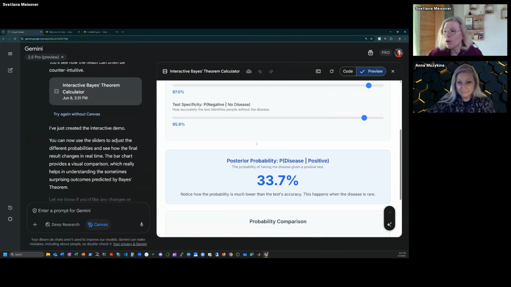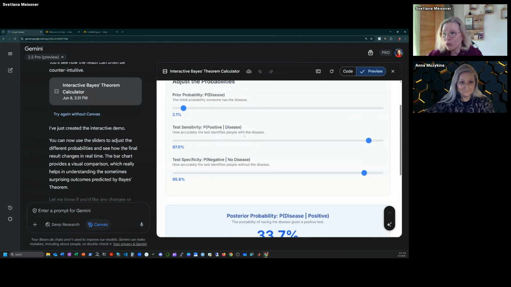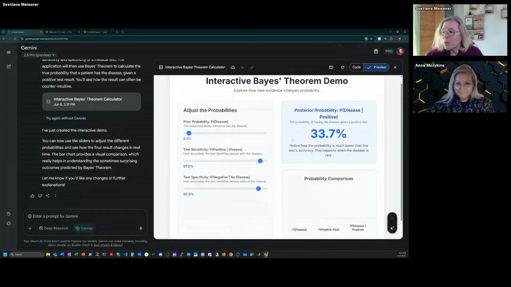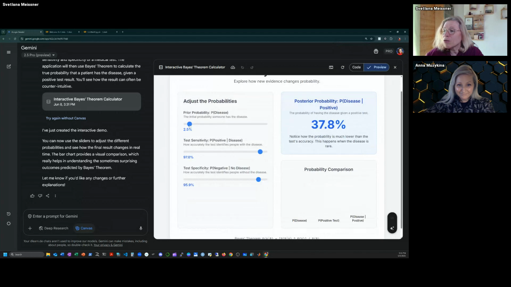So with these three settings, I have to choose these three probabilities. Let me adjust a little so that we see the whole. Now again, some changes, we see both. The probability for disease is very, very low.